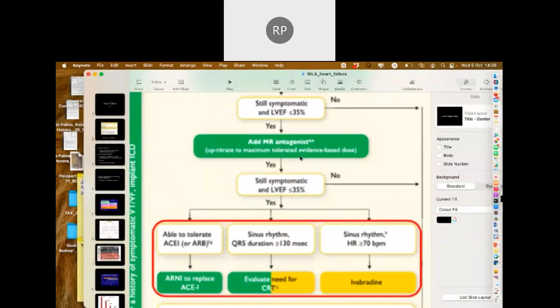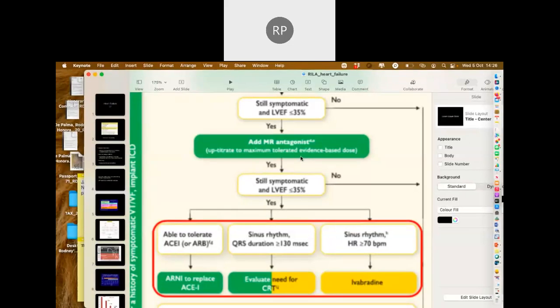If you can tolerate an ACE inhibitor or an ARB and your heart failure has improved and you're not symptomatic, then in some healthcare systems they stop at that. But in head-to-head studies between Entresto and optimal ACE inhibitor, I think the one that was tested was lisinopril.